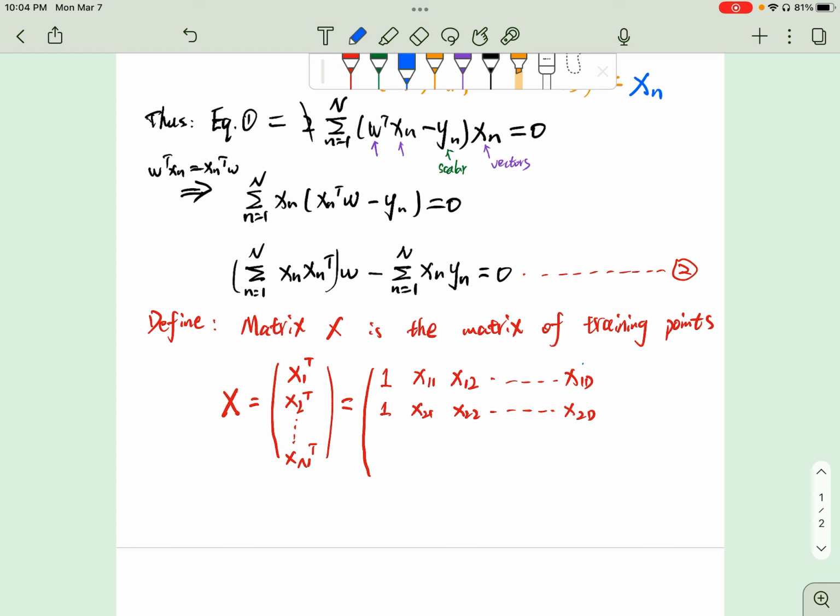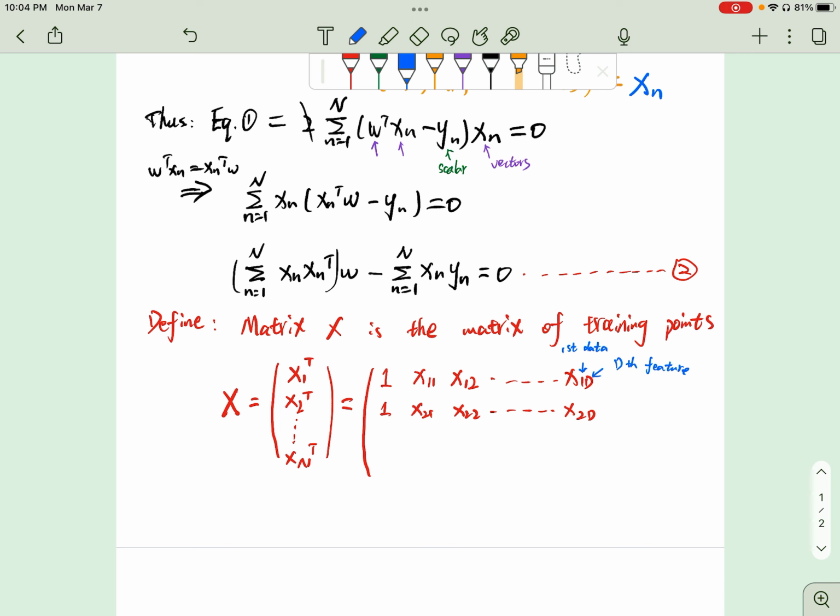So the first number is the first data, and the D is the D-th feature. Because each data has many features. Each house has a number of rooms, the area of the house, the distance. So this line represents one data, just one data.